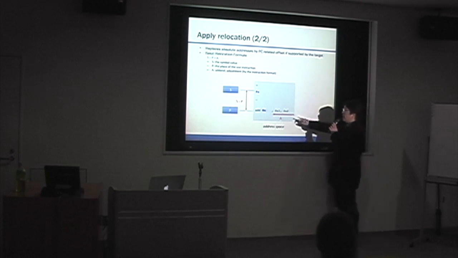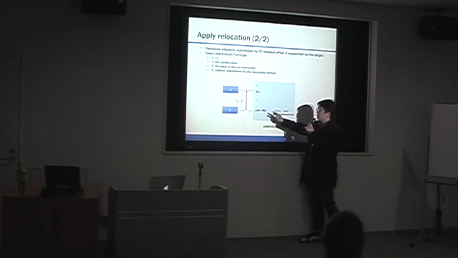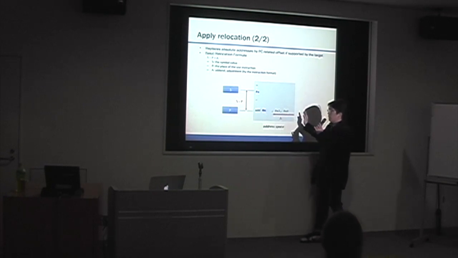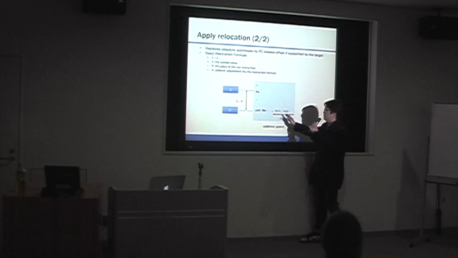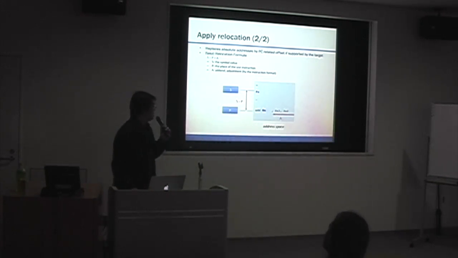And A is the really target dependent part because different machines have different instruction formats. Take this for example, the target operand may be in the third byte of the instruction. So A is just an adjustment, an addend for the linker to adjust this address. Yeah, so this is the formula of apply relocation.